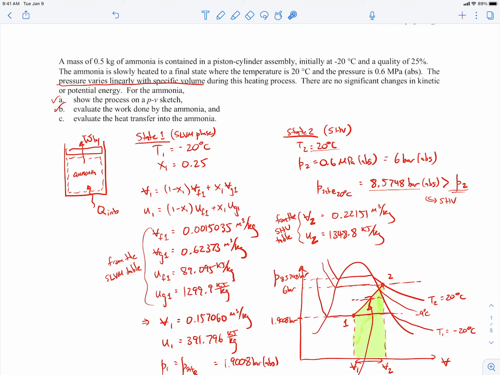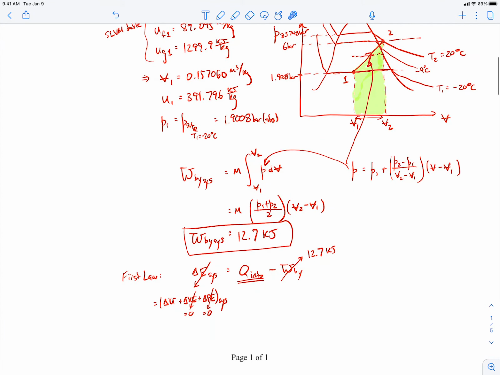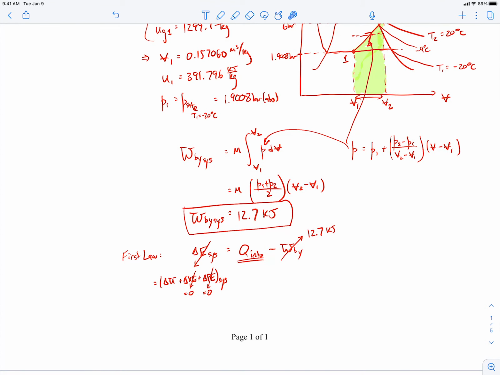So the kinetic energy of the ammonia doesn't change very much. It's always basically zero. And even though we are changing the elevation of the ammonia, I'm assuming it's moving the piston upward. Who knows, it could be moving it horizontally. But regardless, the change in elevation is either zero or very small. That's a reasonable assumption that the change in potential energy would be either exactly zero or close to zero.